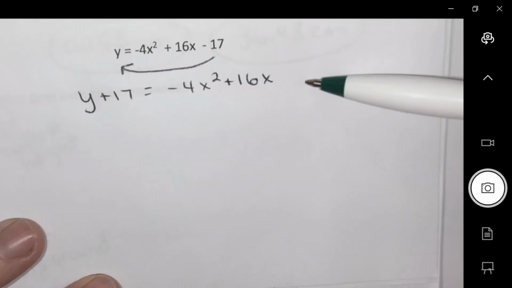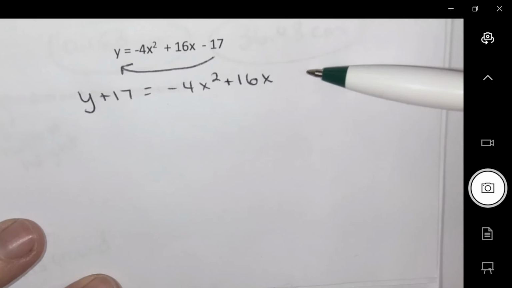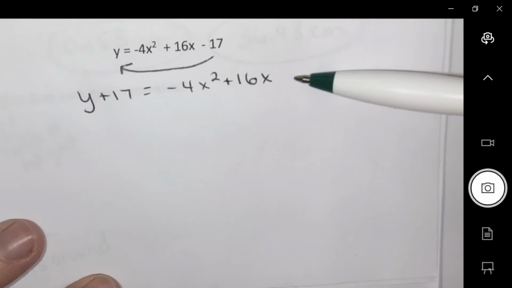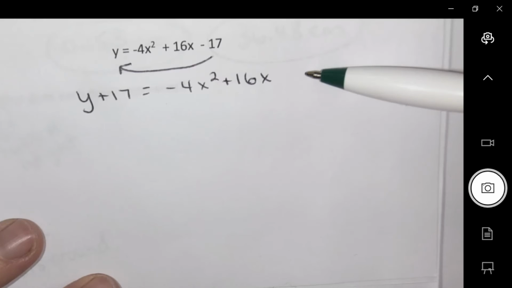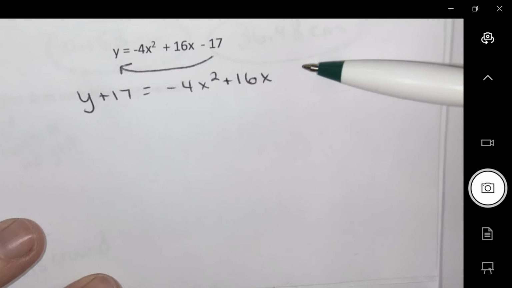Right here is the moment of, are you going to make the common mistake or are you going to do the right step? What's the common mistake at this point? Trying to do the square part right now. That's a big mistake. I can only do the squaring stuff on a simple trinomial. Is this that?